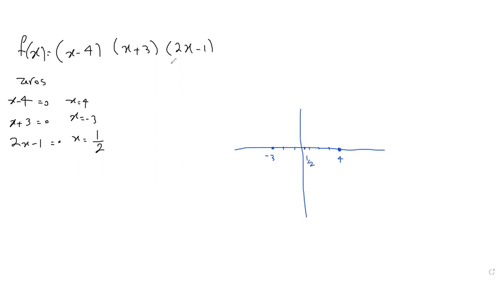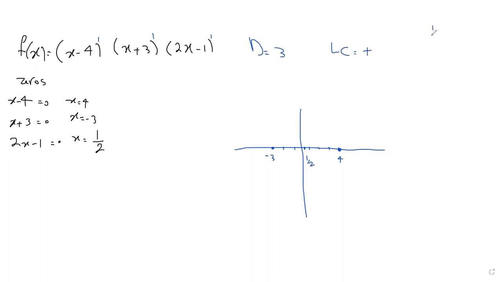I need to determine the degree. Since the power of each bracket is 1, the degree is 1 plus 1 plus 1, so the degree is 3. The leading coefficient is positive. If you multiply x by x by 2x, of course I get a positive number, 2x to the power 3, so the leading coefficient is positive.